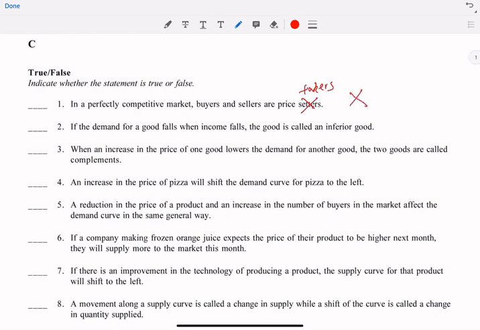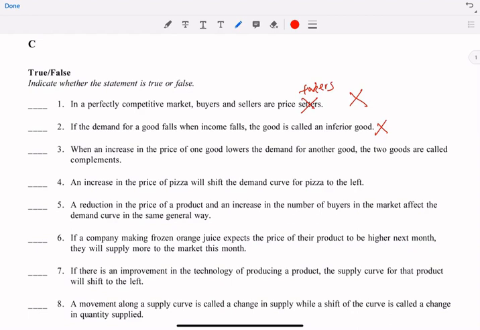Second, if the demand for a good falls when income falls, this good is called an inferior good. This is incorrect, because by the definition, right? If it's an inferior good, then the demand for the good should increase when income falls.